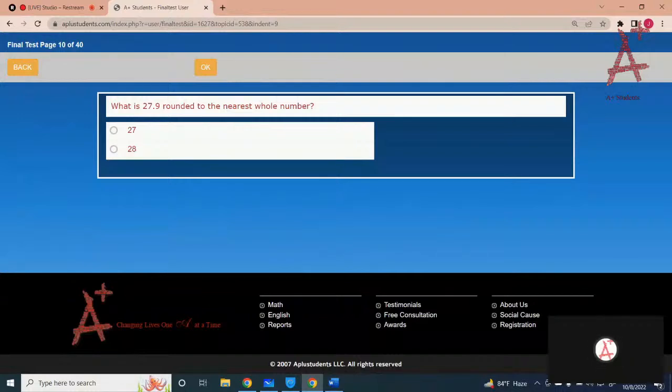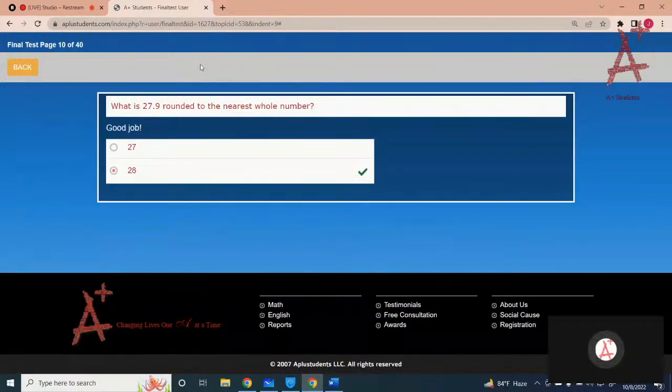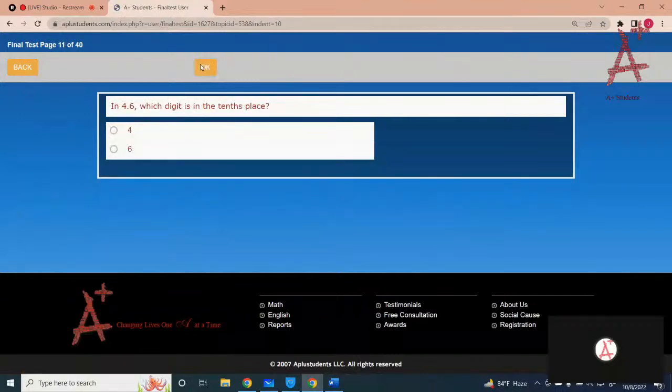So that means you have to add 1 to the whole number. So 27 plus 1 is 28. Got it? In 4.6, which digit is at the tenths position? 6 is at the tenths position. Got it?